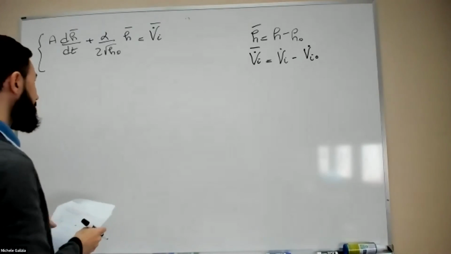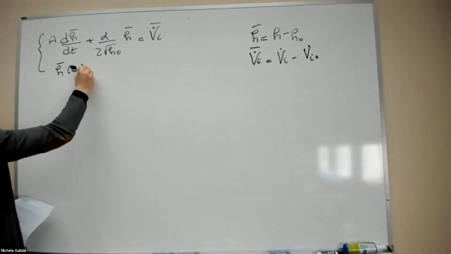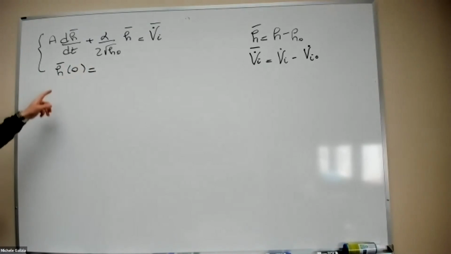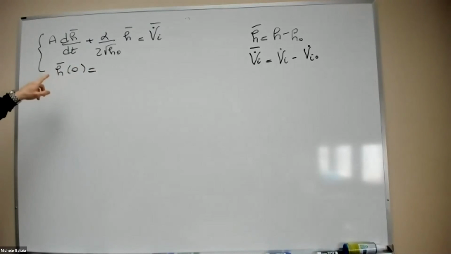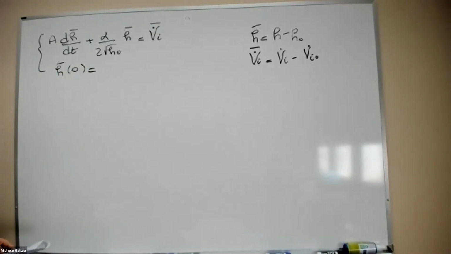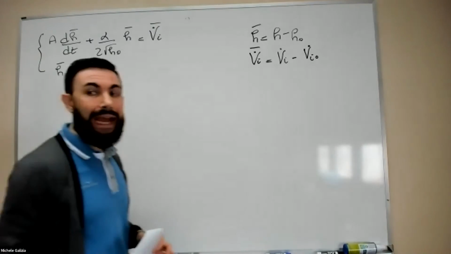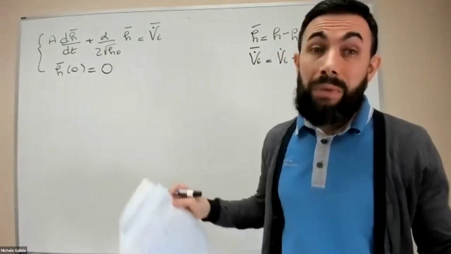Now, obviously, if we have the system written in the deviated form, the initial condition is that h deviated at time 0 is equal to 0. So the model looks a little bit different because it's written in the deviated form.